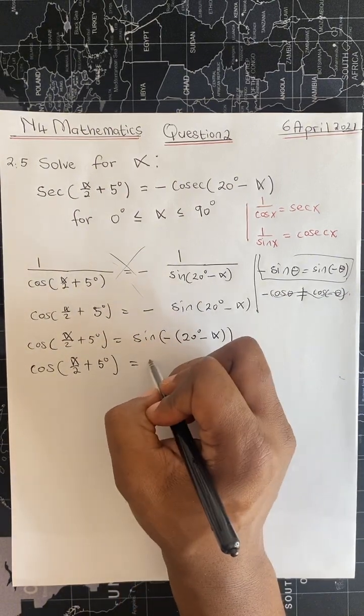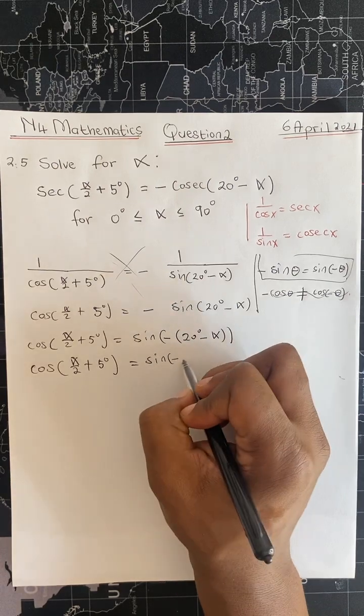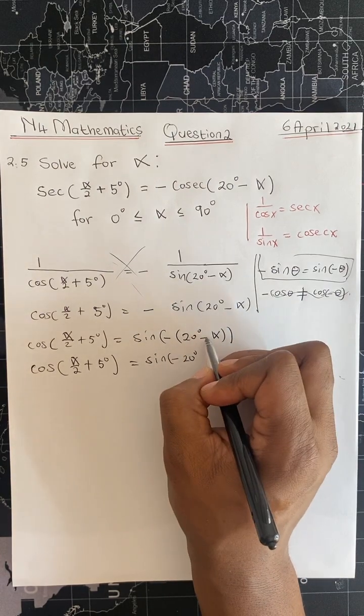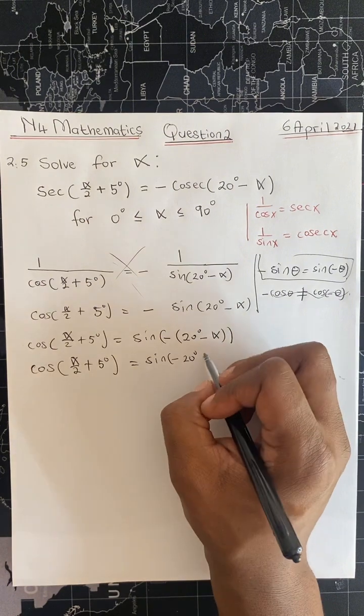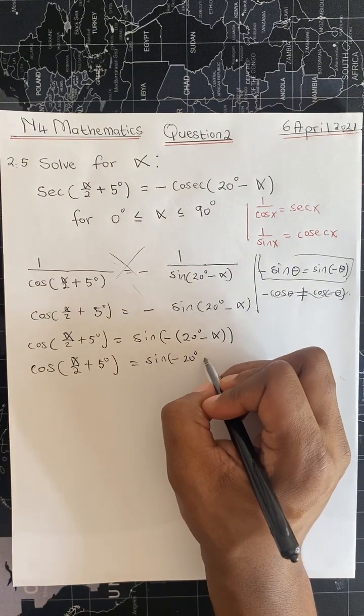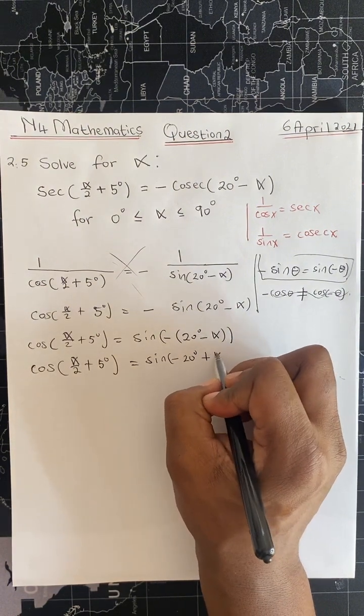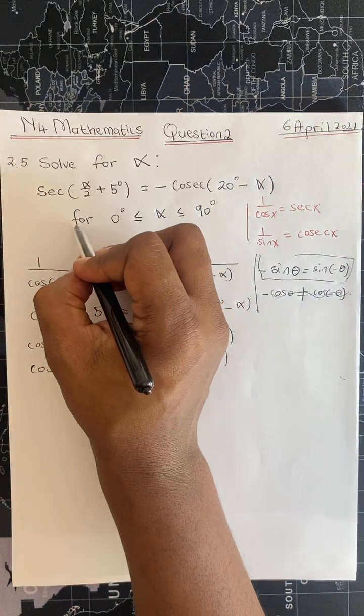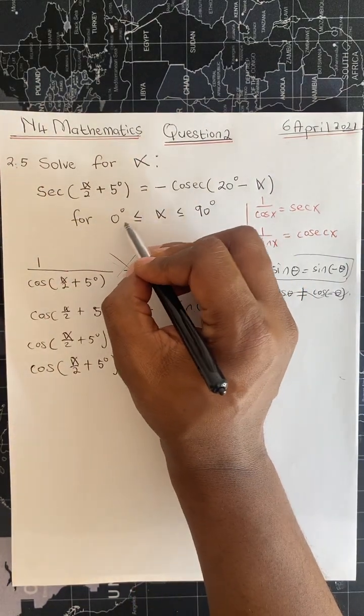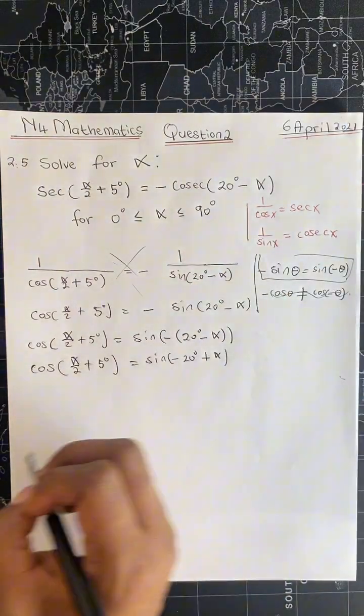So this negative multiplied by the 20 is equal to negative 20 degrees. This negative multiplied by that negative alpha will be equal to positive alpha. And we are told that alpha must be between 0 and 90 degrees.